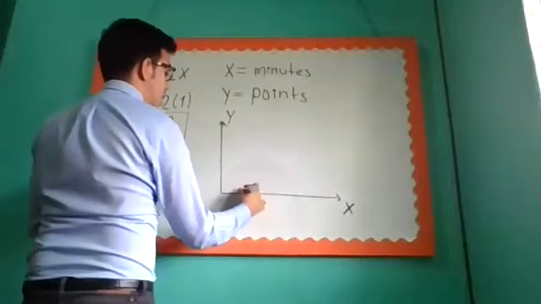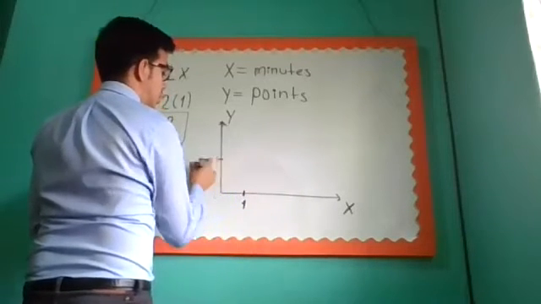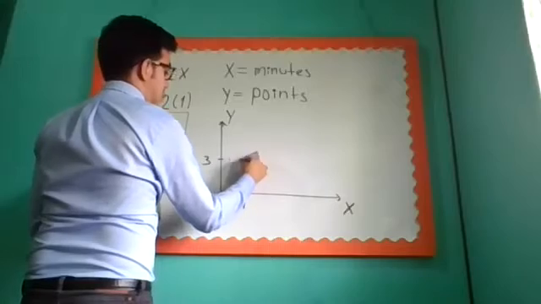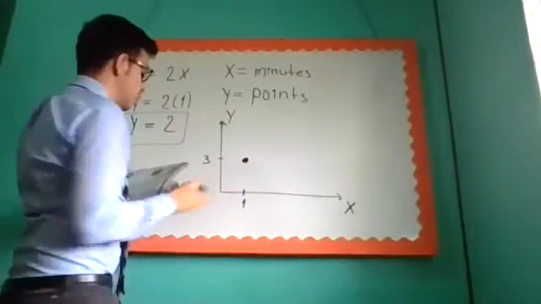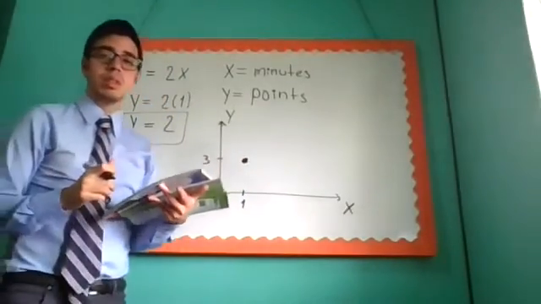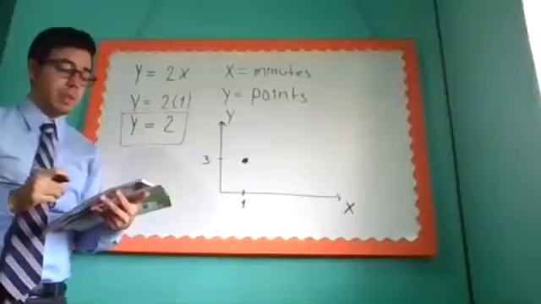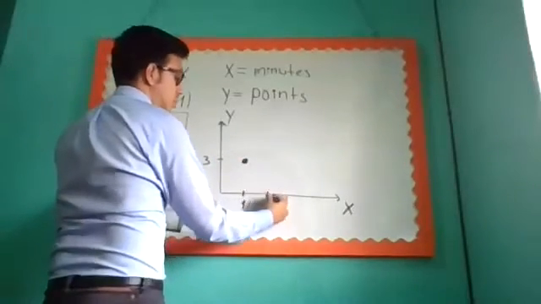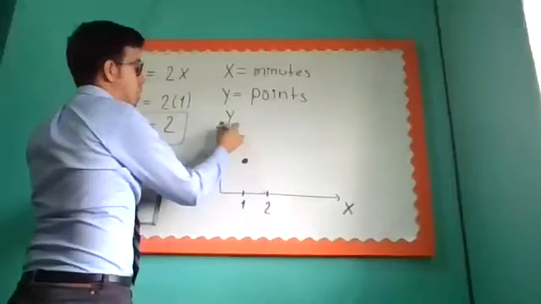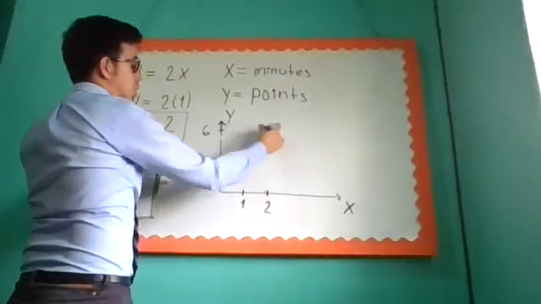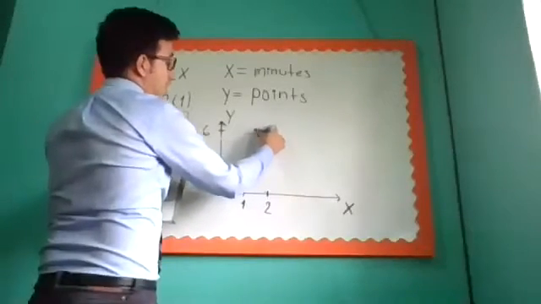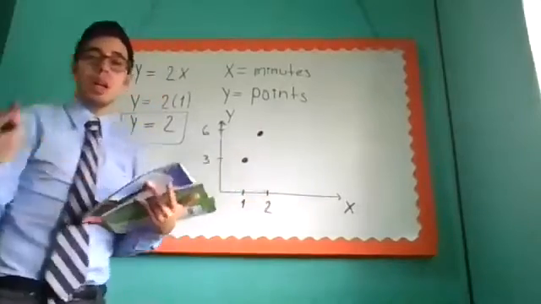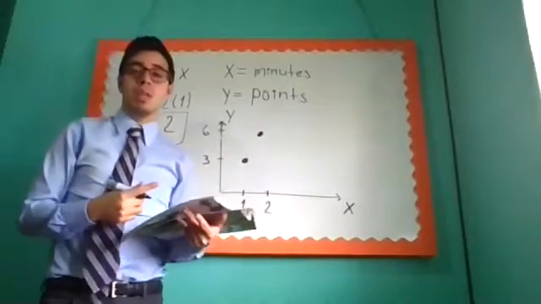You have it here, 1 minute, 3 points. If you look at 2 minutes, you can see that you are going to have 6 points. If you divide 6 by 2, you obtain 3 again, 3 points in 1 minute.